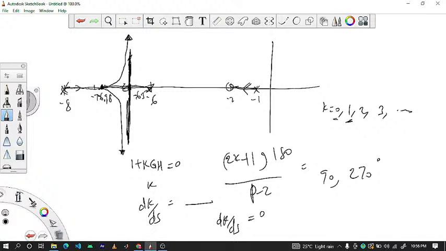And I'm saying that before you find the breakaway point, do a rough sketch so that you have an idea about where your breakaway point should be. So that if you get 3 answers, you can see that from our rough sketch, our breakaway point is between negative 6 and 8. That's why we choose the negative 6.98. So that one comes here, which means that we know that the locus comes out of the pole.